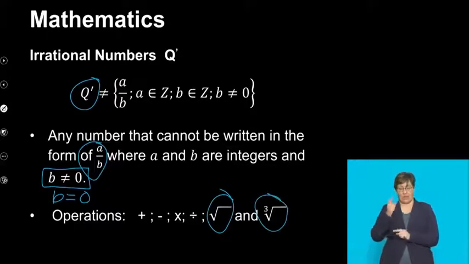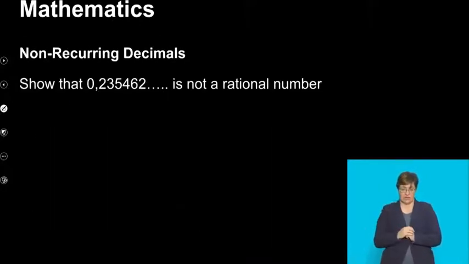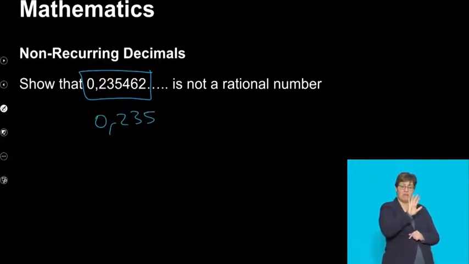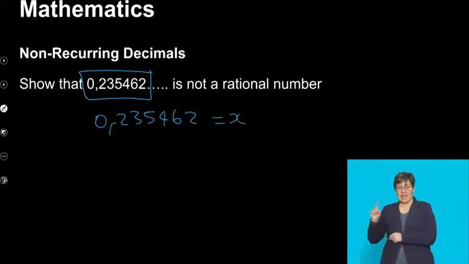The new operations that we add here are a square root and a cube root. And that's what we talk about when you say these are non-recurring numbers. So if I want to show that this is not a rational number, this simply means that I will have 0.23546 equals x. Remember I said you introduce the concept of x.